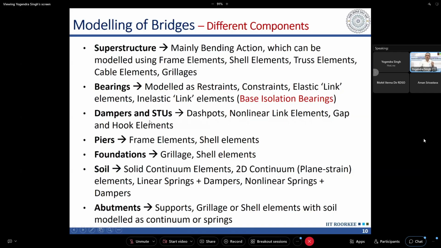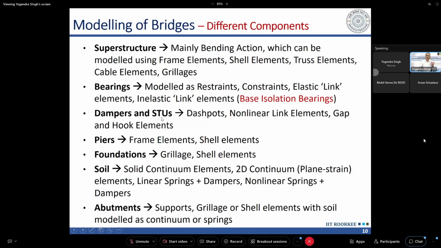Under slow movement, these are not effective. But in the case of an earthquake, there is a sudden displacement of the superstructure. Then these lock the superstructure with the pier cap. So STUs are nothing but very high damping dampers.